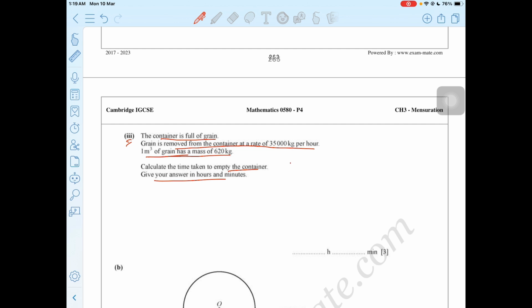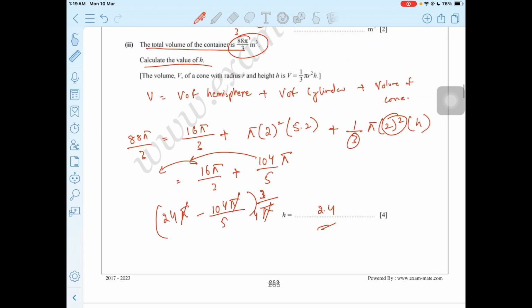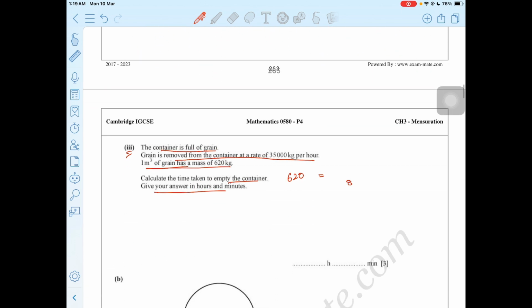So we have density as 620, right? We have volume as 88 pi by 3. We need to calculate the mass, so this mass would be 620 multiplied by 88 pi by 3, right?